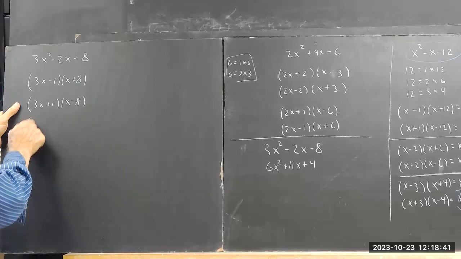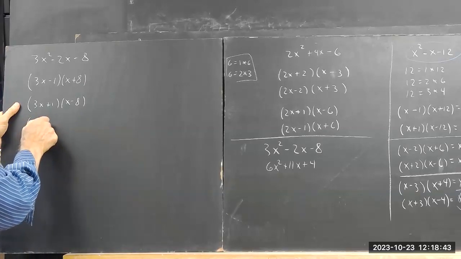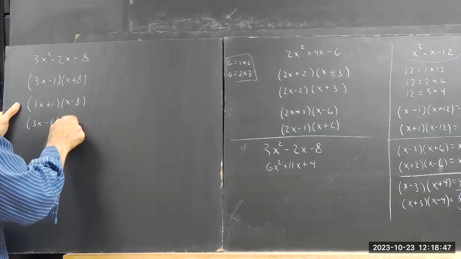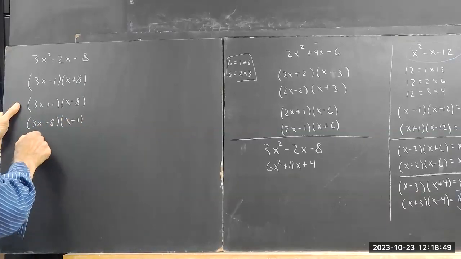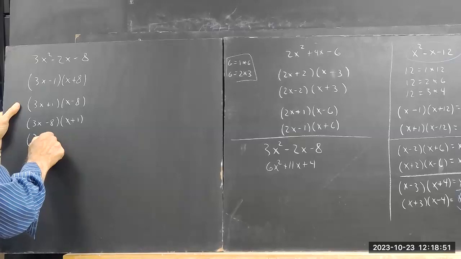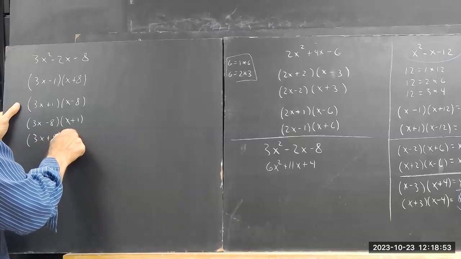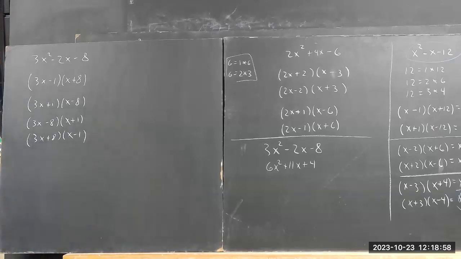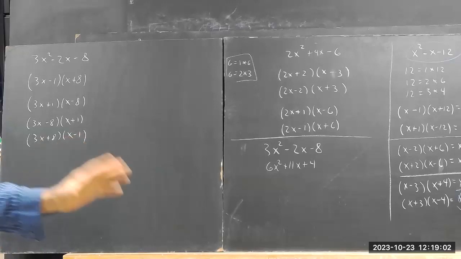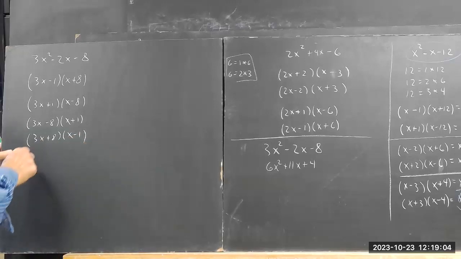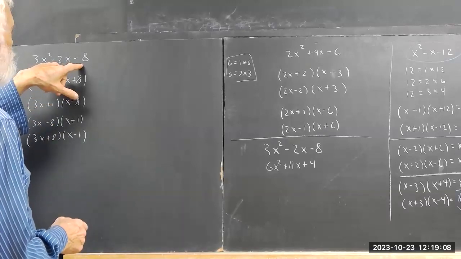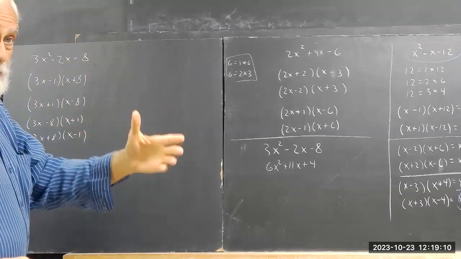Or it could be 3x minus 8 times x plus 1, or 3x plus 8 times x minus 1. And all these are going to give you different results. Okay, and there are a bunch of them.